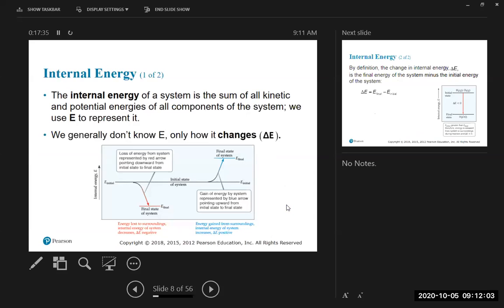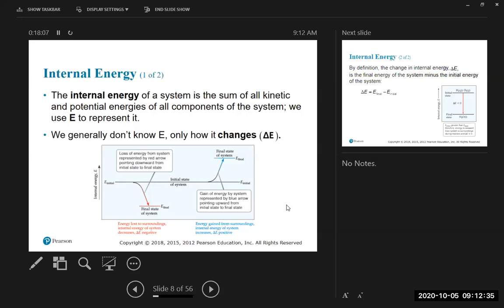We talk about internal energy of a system, and that's the sum of the kinetic and the potential energy. So remember, kinetic energy is the actual motion going on. Potential energy is the potential to do things. And so it's also for all the components of the system, and it's usually designated by this capital E. The interesting thing about internal energy is that usually we don't know what it is.